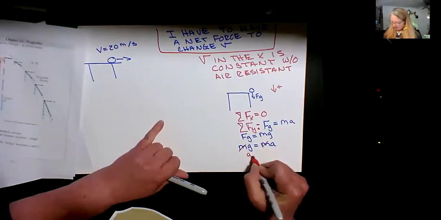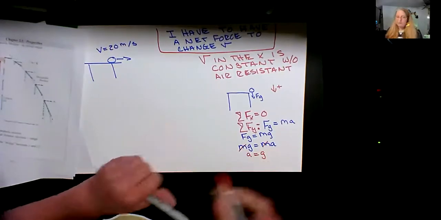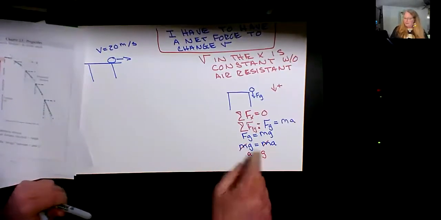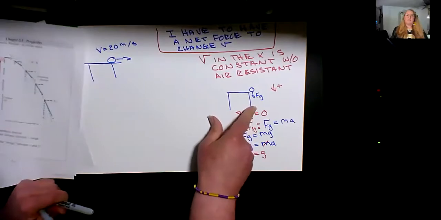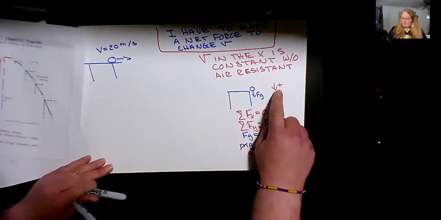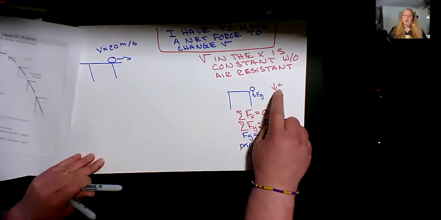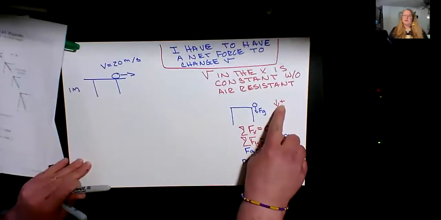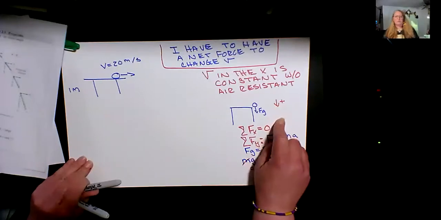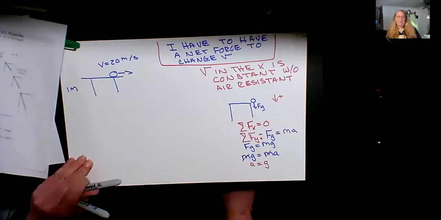This is how we get that acceleration equals acceleration due to gravity. That negative sign only comes in there if I have defined down as negative. What is true is that the acceleration due to gravity is always pointing in the same direction. It is not changing its direction. It's always pointing towards the center of the Earth. So in the next video, we're going to do some math with this.